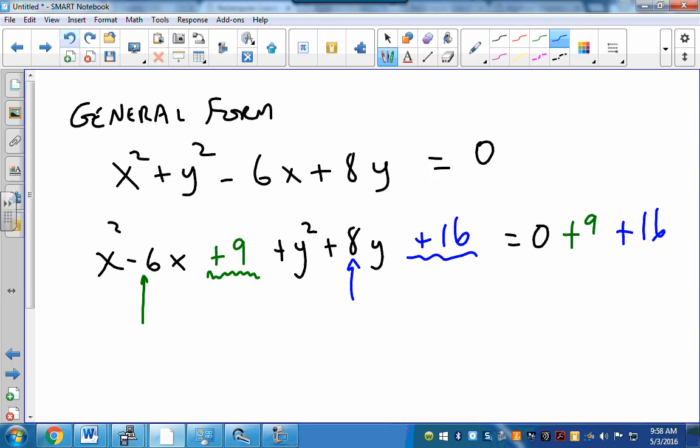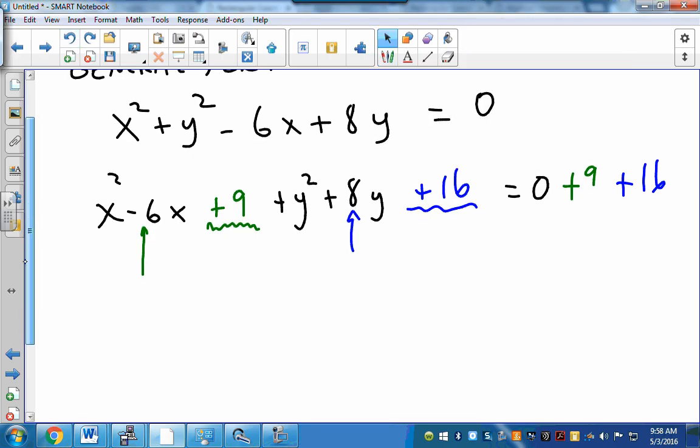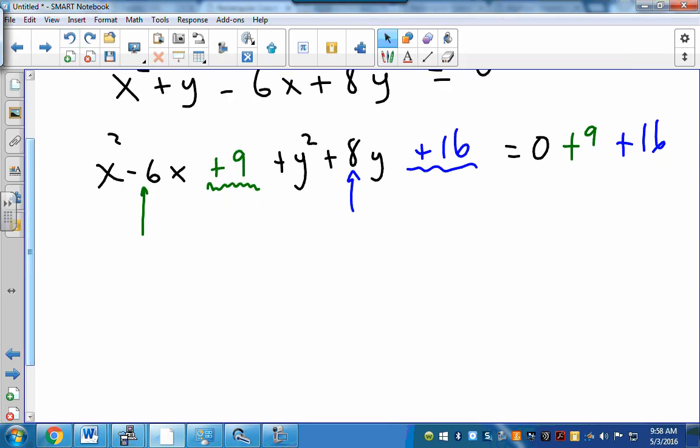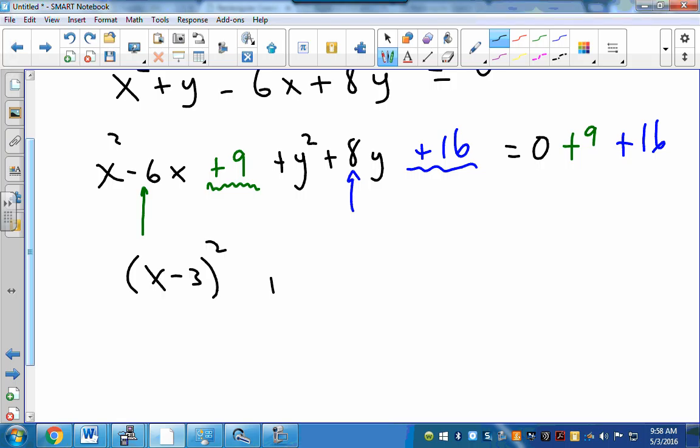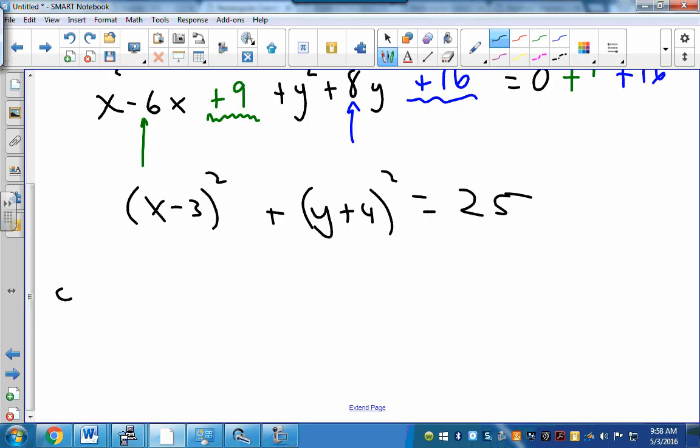Yeah. Okay, so pretty quick and easy with circles. And let's see. This is now going to be x minus 3 quantity squared. It's going to be y plus 4 quantity squared. And this is 25. Okay, so I've got it in the graphing form. The center, remember, was at (h, k). So for this problem, the center is going to be the ordered pair.